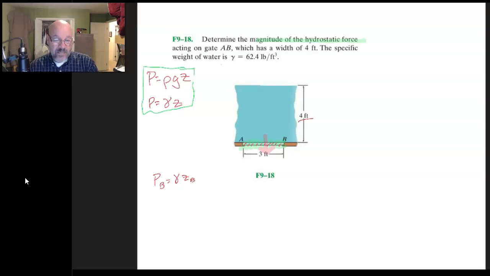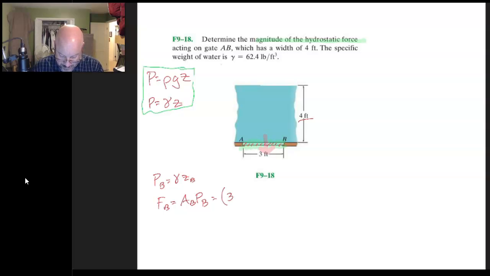And then if I wanted to convert that to a force, the force there at the bottom of that thing is going to be the area at the bottom times the pressure at the bottom. So what we're really looking at is the area there.